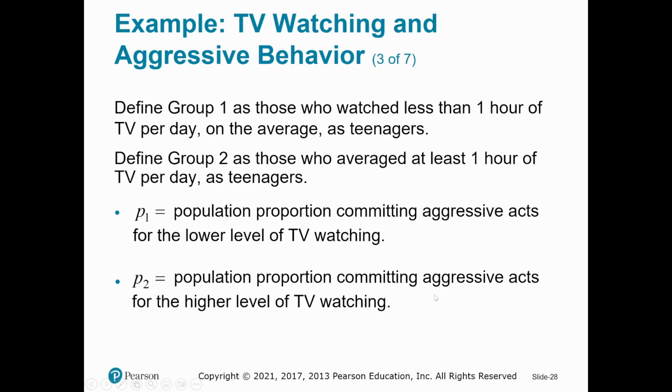p2 is the same exact thing for the higher level of TV watching. So we are going to assume that you wouldn't do the study unless you had an a priori assumption that p2 was going to be greater than p1. I mean, no one in their right mind would think that watching violent TV would be somehow calming or associated with lower acts of aggression.